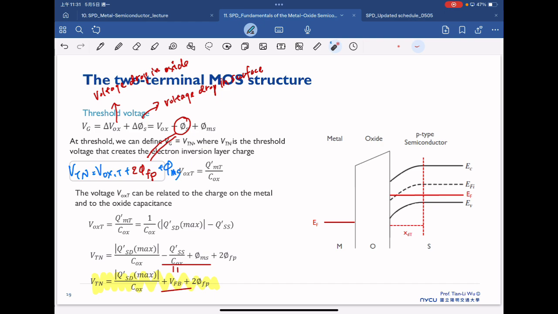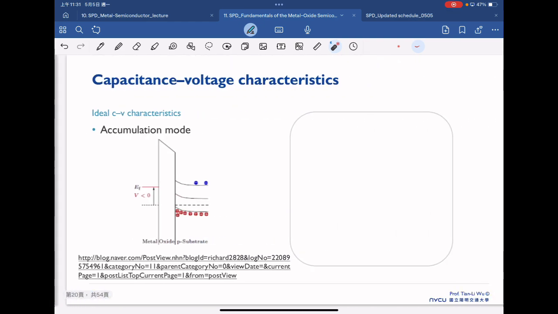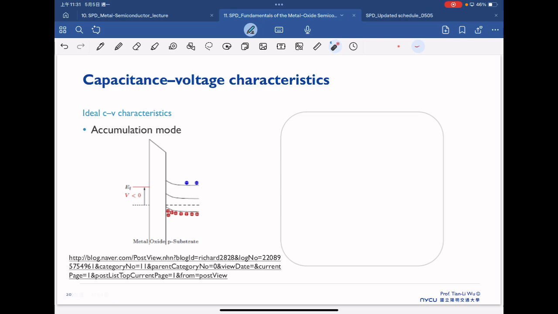So this is the threshold voltage analysis coming from the MOS capacitance. Now we will move on to the next very crucial topic, the CV characteristic in the MOS capacitance, what we call the capacitance-voltage characteristic. We already mentioned this for the Schottky junction.